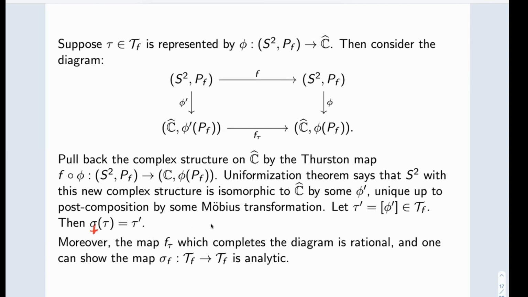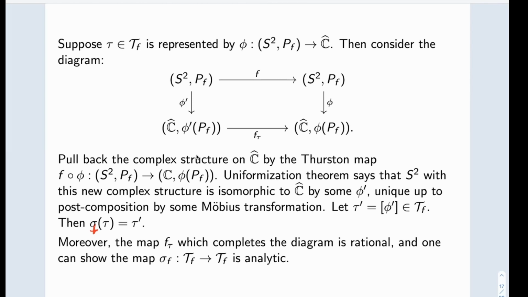So we get some sigma f from Teichmüller space to Teichmüller space, and it maps tau to tau prime according to this recipe. This map f tau is going to be a rational map with the same degree as our Thurston map f.